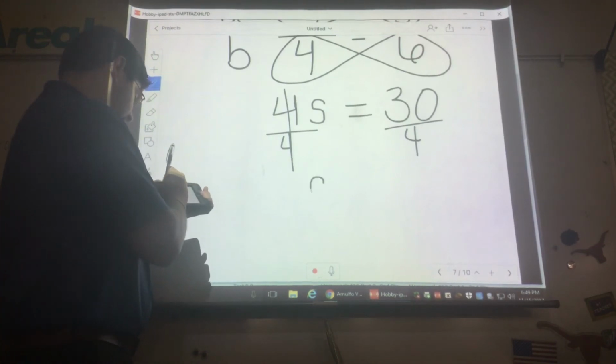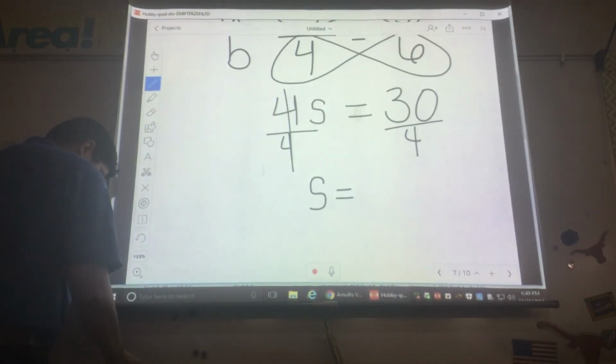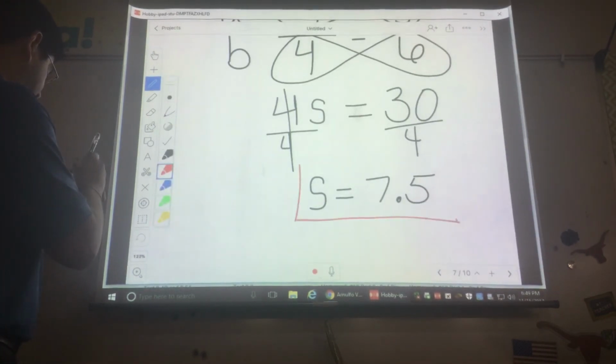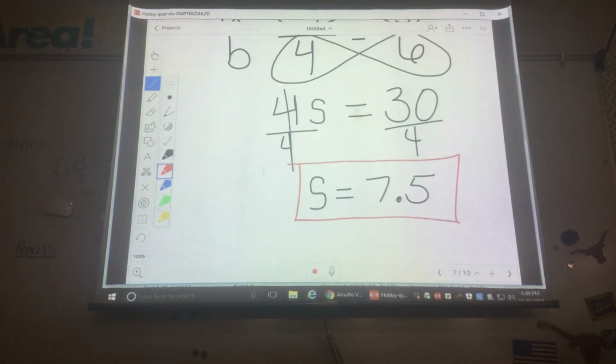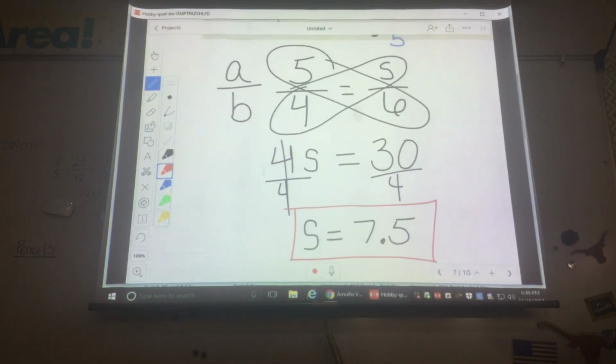We have S equals 30 divided by 4. We get 7.5. That's my answer. Box that up. We're good. Let me move down so you can get it all in. Here we go.